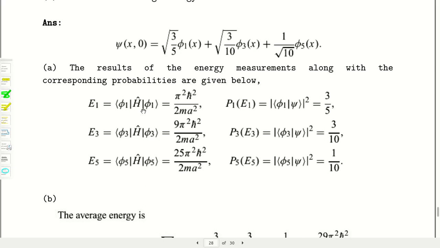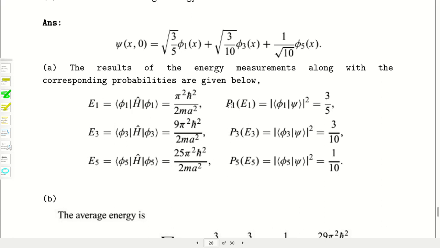I will show you later. For the time being, don't focus on this, it will come from the Schrodinger equation. Now just focus on these values. E1 is n equal to 1, put n equal to 1, you will get this formula. For E3 you can get this, for E5 you can get this.